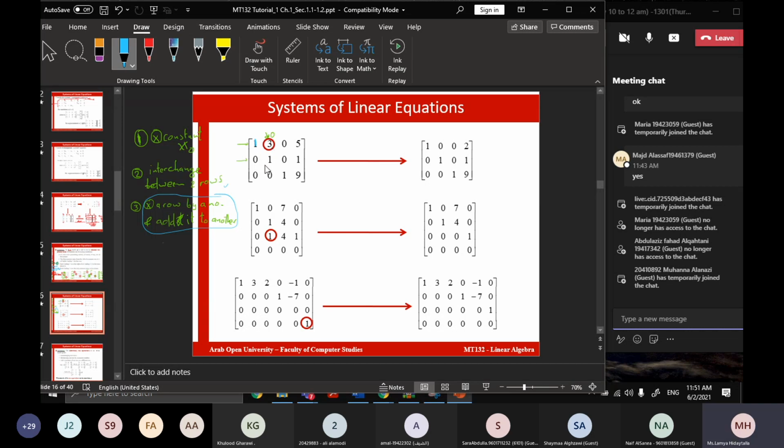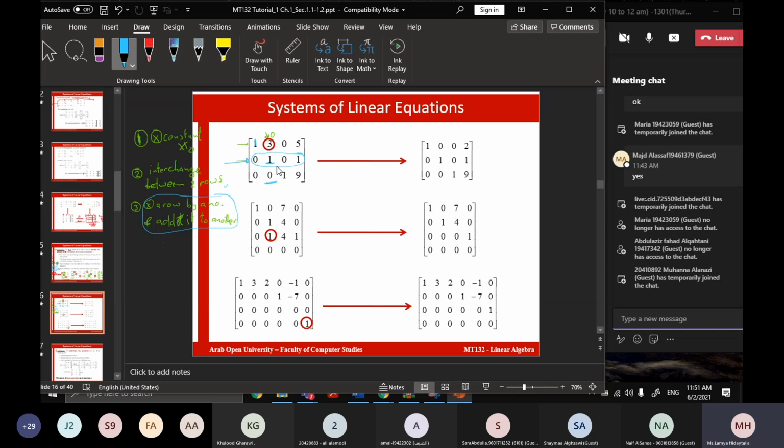This 3 is in which column? It is in this column. Where is the leading one for that column? It is here. So what you're going to do is use this row that contains the leading one to get rid of the 3. I will use this row.